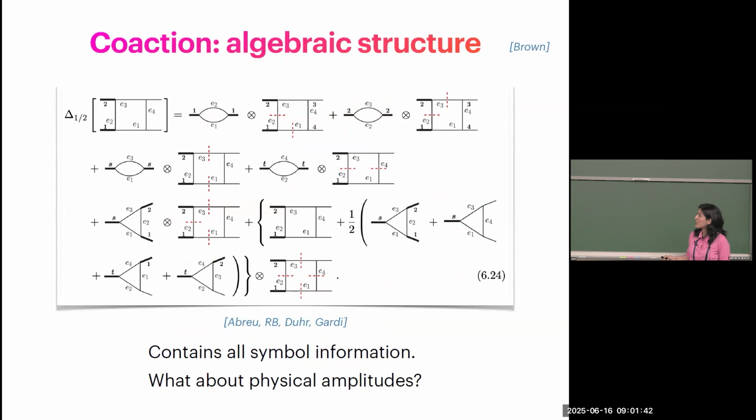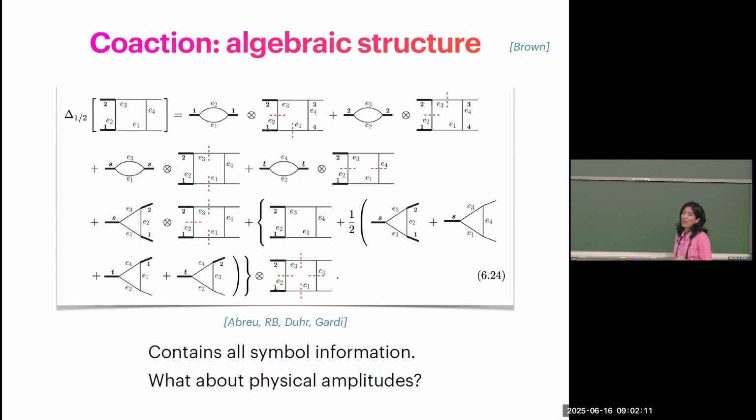So we take a coaction here. I know I'm not explaining coaction, but this is also a sort of tensor algebra, and it contains all the information about the symbol. So if you understand what's happening here, you can extract symbols and information about what's going into the symbol alphabet and the words as well: what letters can follow which other ones. So we wrote down this diagrammatic coaction for our master integrals.